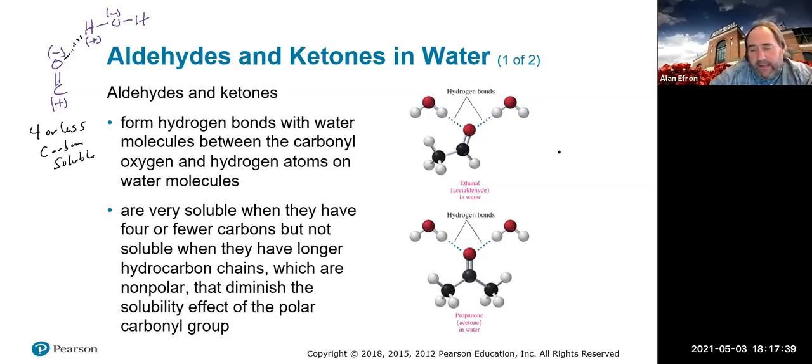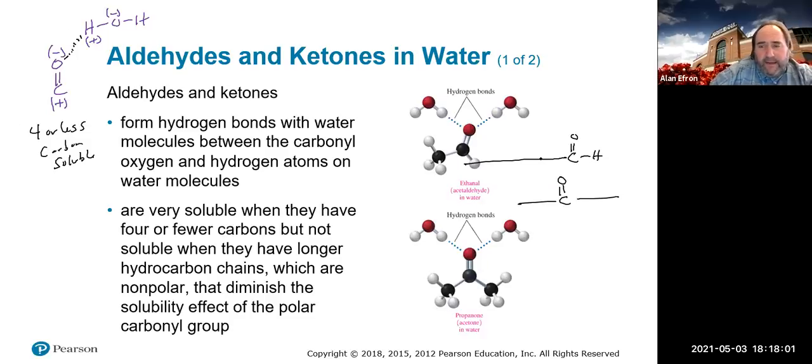So again, as you build out more carbons and hydrogens, solubility decreases a lot. Same thing with our ketone. As you build out more hydrogens on both sides, again, we get a pretty diminished effect in terms of the solubility in water.